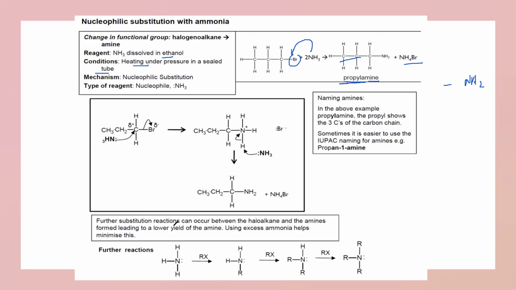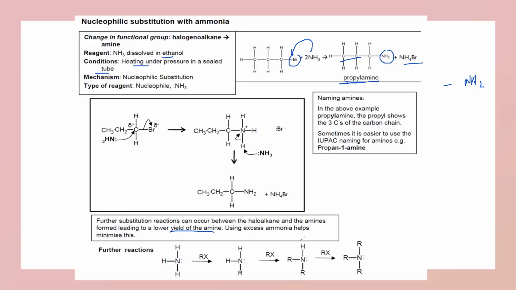So further substitution reaction can occur between halogenoalkane and amine, which leads to a lower yield of amine, because this hydrogen can also react with another carbon chain, so this will result in multiple substitution. If we have a limited amount of ammonia, it will give multiple substitution.